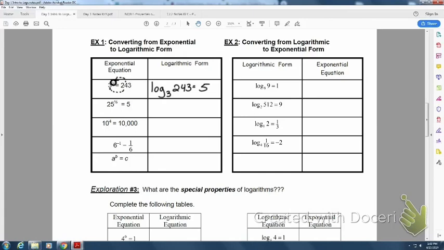Now, I want everybody to put, you need to know how to put logs in the calculator. So kind of off in the margin, make sure you have this written down. It is going to be alpha, window, 5.